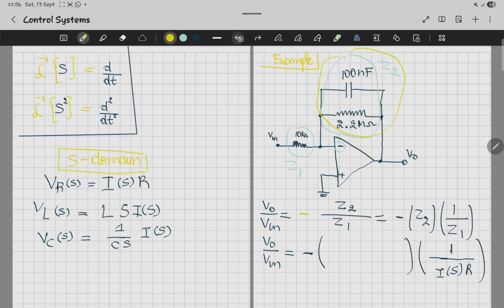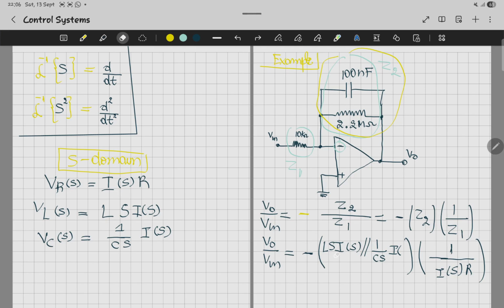So meaning we're going to have 1 over Cs in parallel with R. Okay, sorry, I think I made a mistake.